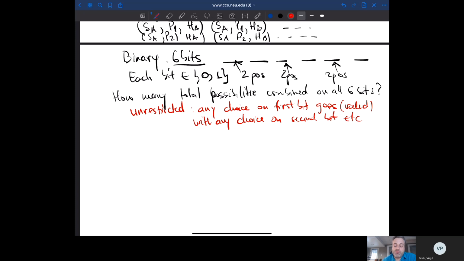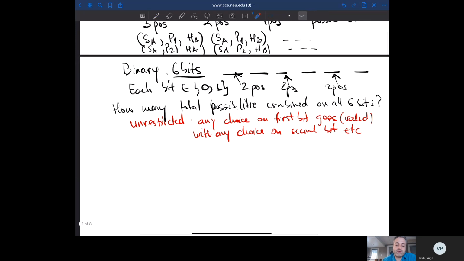So I have my bits here, and if I have 2 possibilities here, 0, 1, 0, 1, we can actually write those possibilities out here. So this is 0 or 1, 0 or 1, 0 or 1, and so on. So the answer is how many possibilities?